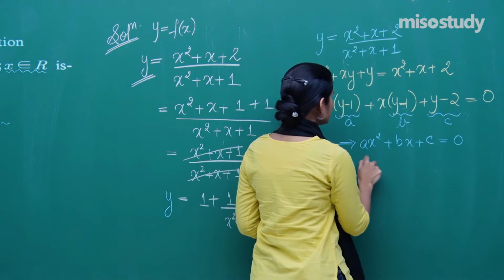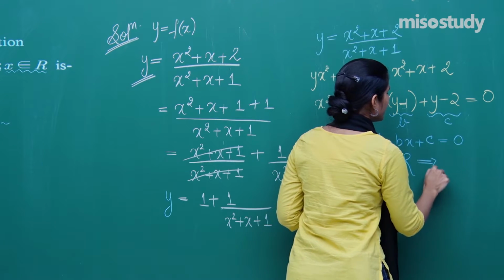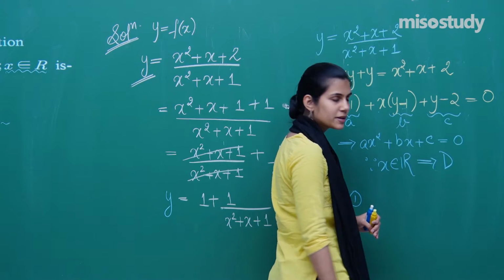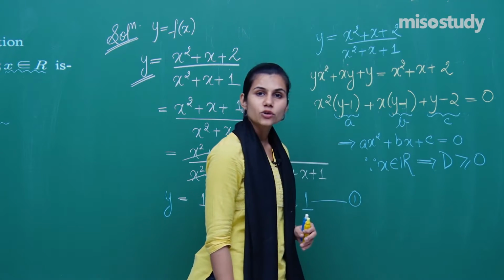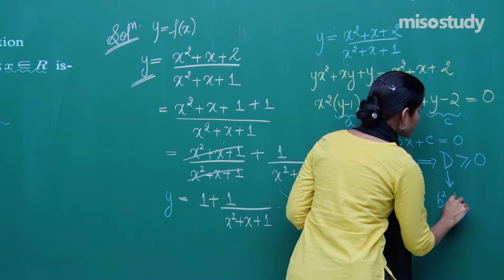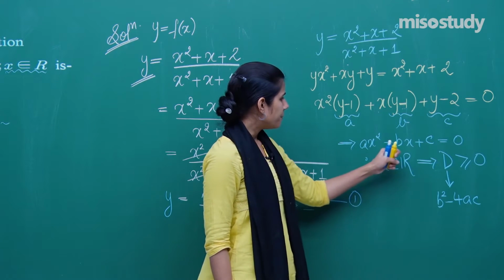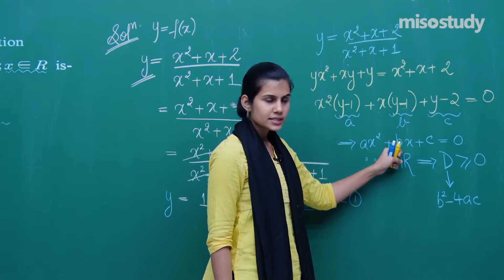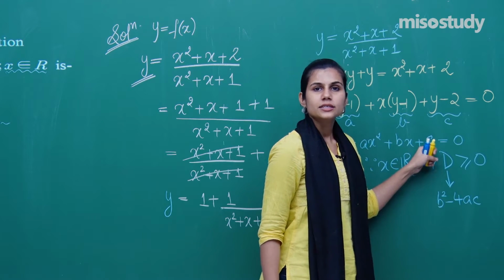That means since x belongs to R, this implies the discriminant of this particular quadratic equation is greater than equal to 0. And the discriminant is given by b square minus 4ac, where b is coefficient of x, a is coefficient of x square, c is the constant term.